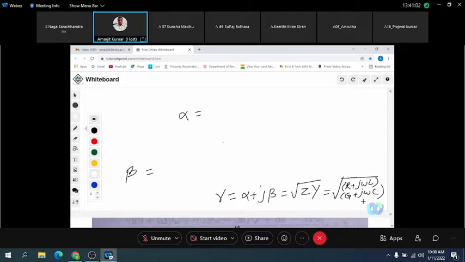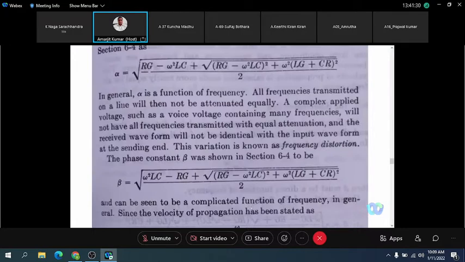So what is alpha after solving this equation? First we should know how alpha and beta are related, and then what problem it will cause. So see here, alpha and beta are in front of you in terms of frequency.